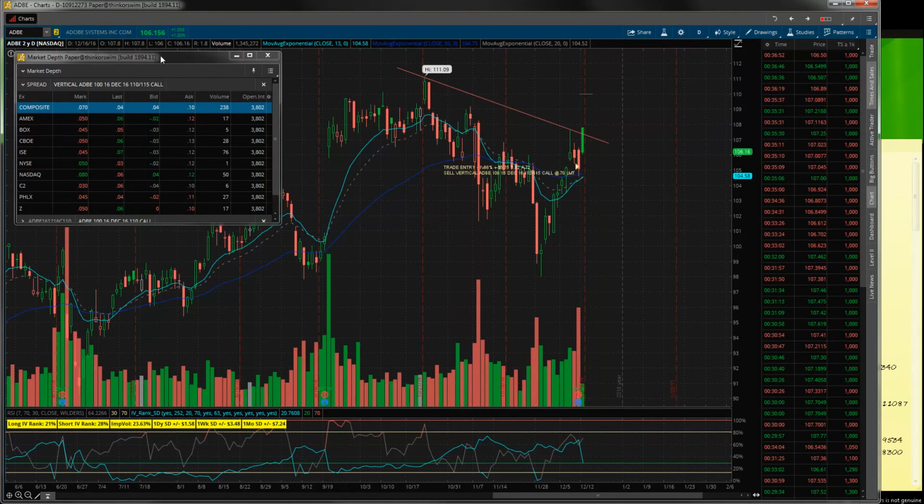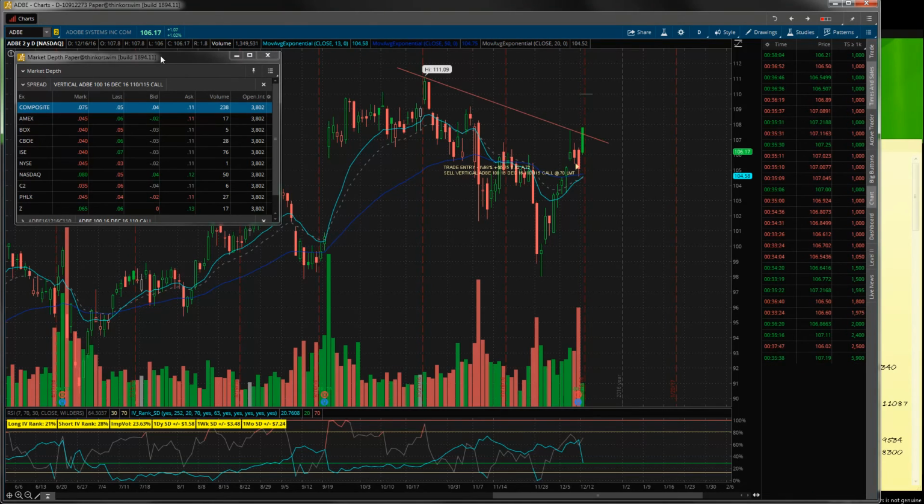So that has been Adobe, the one-day earnings trade. Yesterday I mentioned something about a 27% profit. That wasn't true. That actually took into consideration the puts and the calls trade. This call trade is actually a 14% return on investment. So a 14% gain in however many minutes.